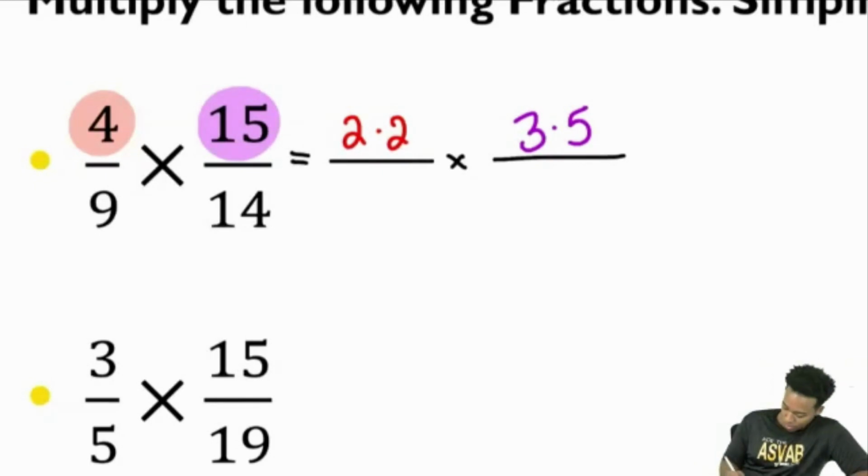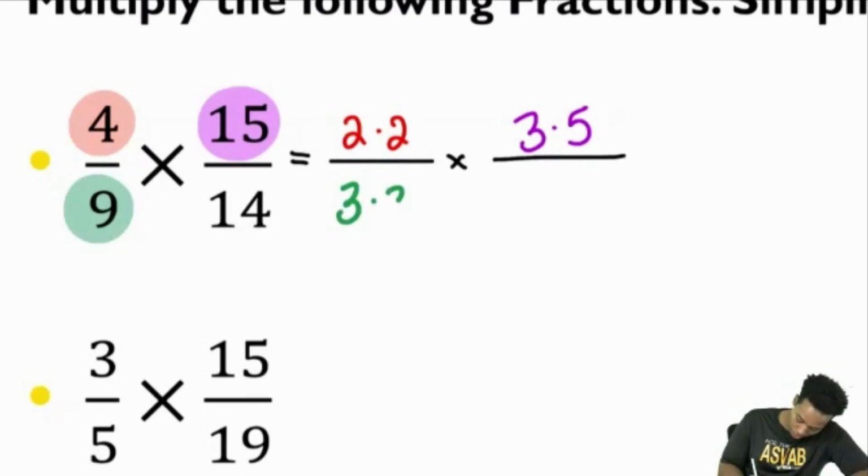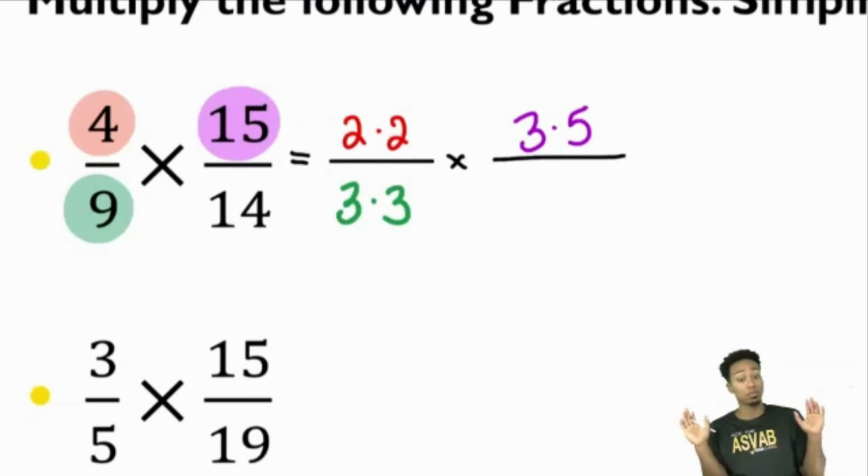All right, so everybody, we see at the top we have 2, 2, 3, and 5. Everybody, does a 2, a 3, or a 5 appear in 9? 3 absolutely does. So let me go ahead and highlight that in green. And that's going to be 3 times 3 right over here for 9. Because again, 9 is 3 times 3.